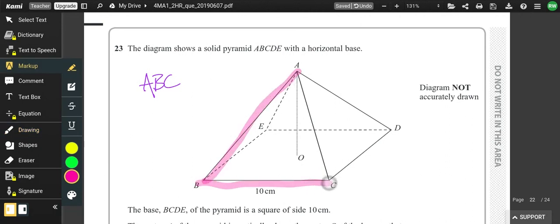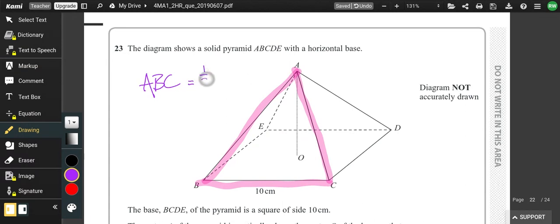A, B, C. We're going to work out one of these, and that would be equal to half the base, half times 10, times the height.